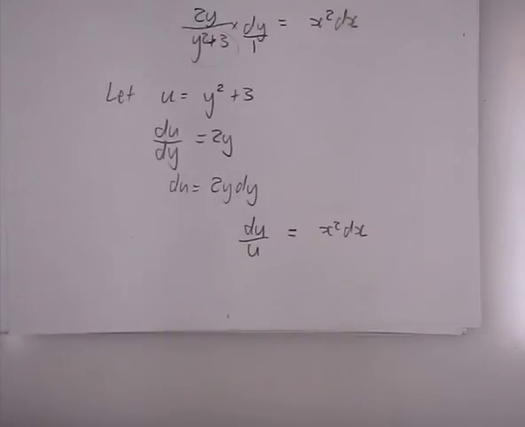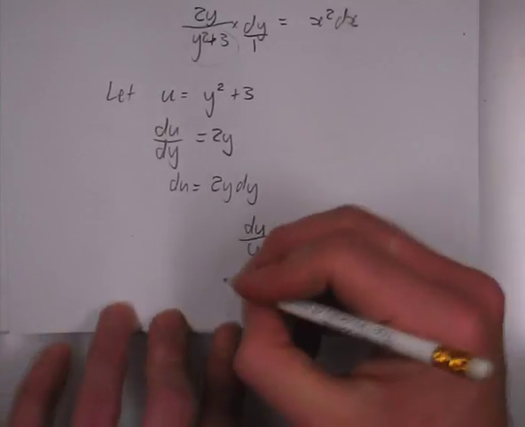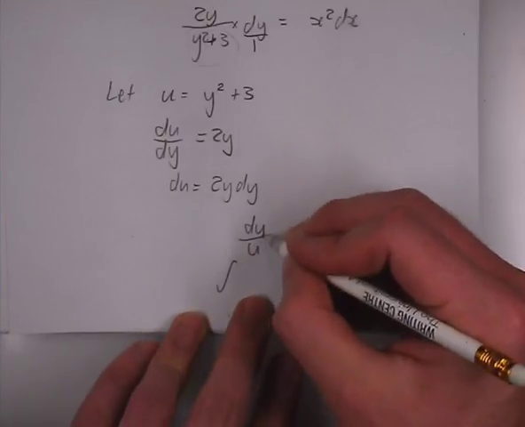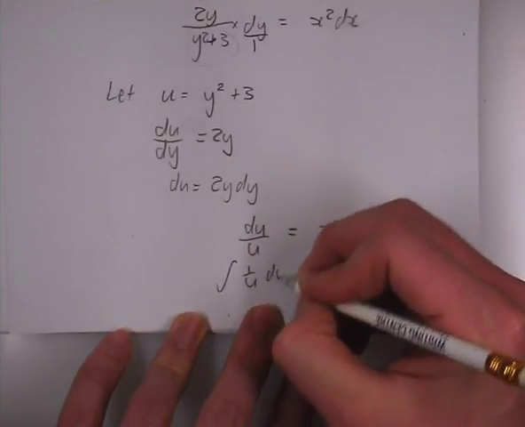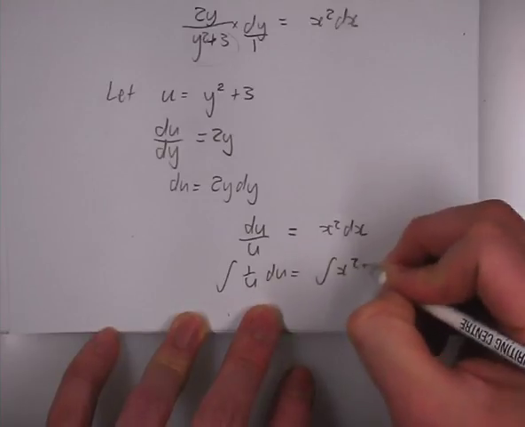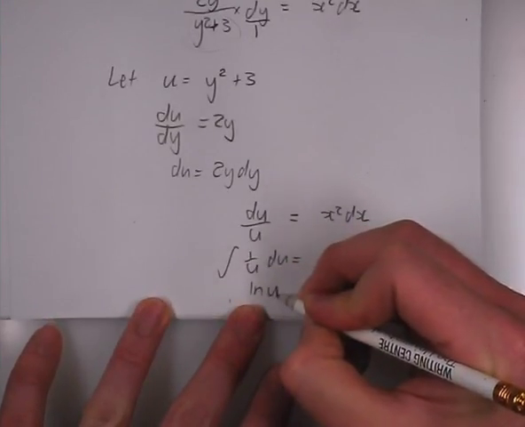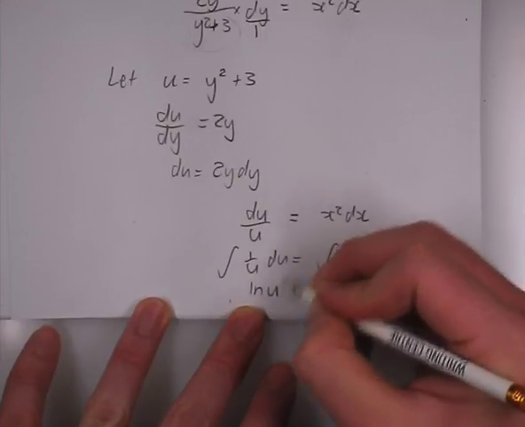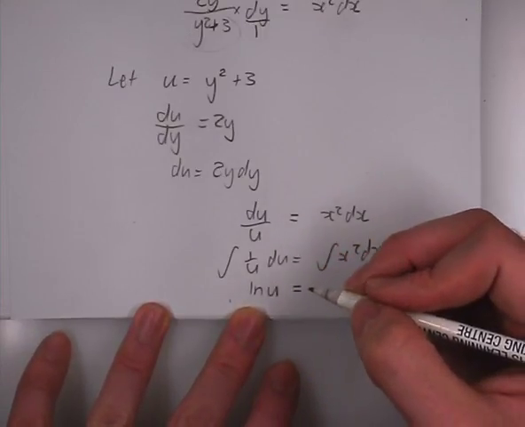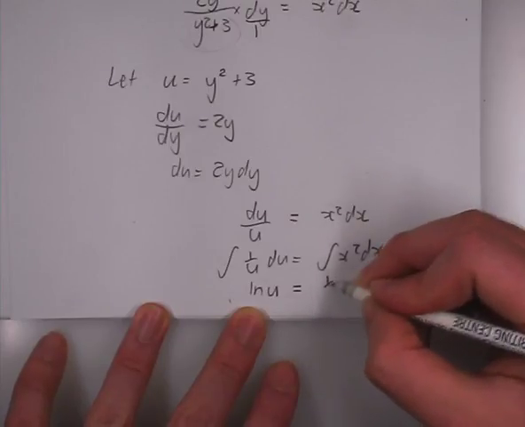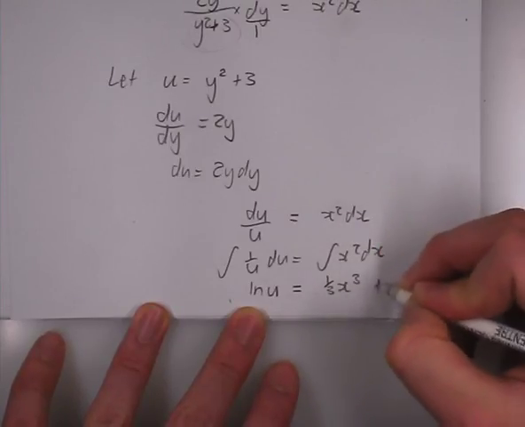So that's what we have now. And we can integrate that, because that's the same as 1 on u times du. So we've got ln u, technically absolute value of u, but I don't think your lecturer mentions that, equals 1/3 x cubed plus c.